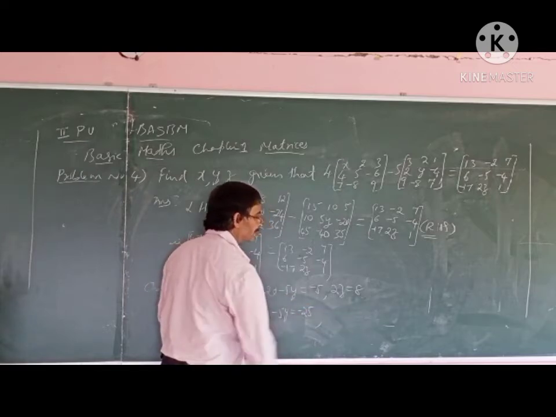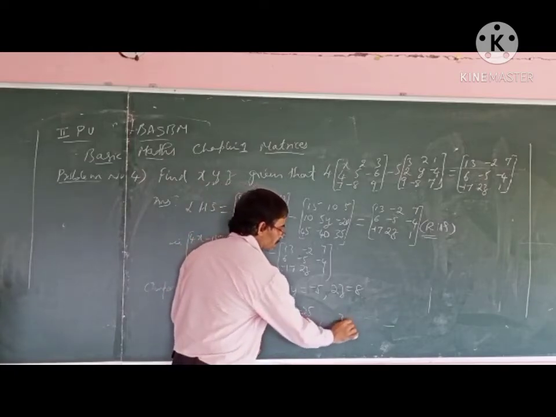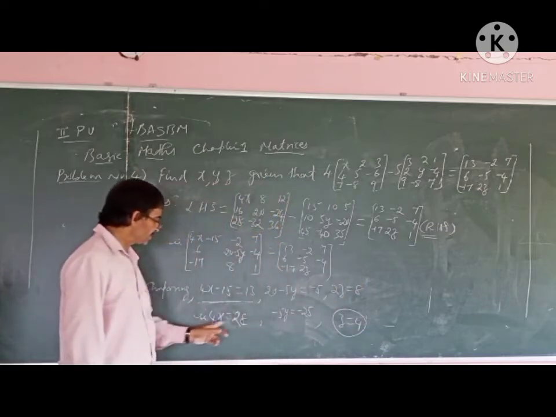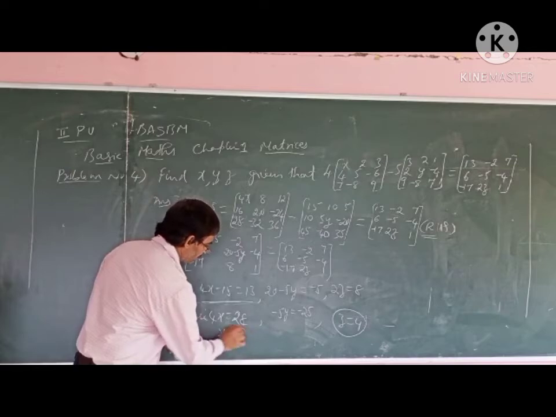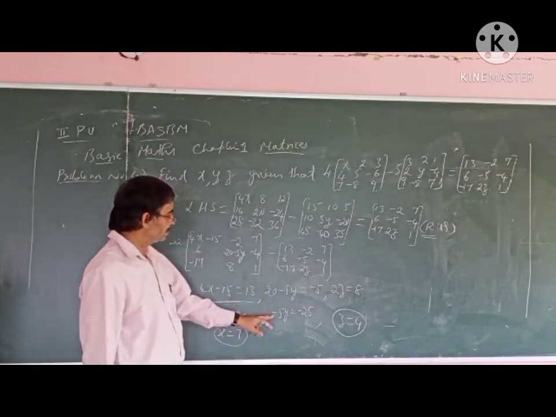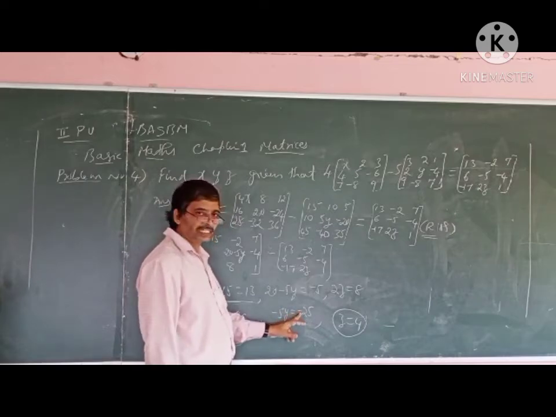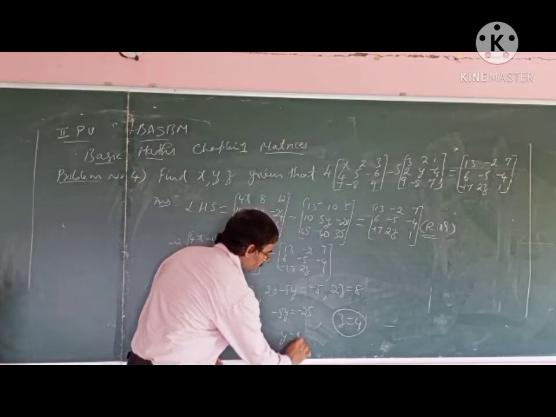Last one, 2z equal to 8, so z equal to 4. You can directly write it. This is also simple: 4x equal to 28, x is equal to 7. Last one, minus 5y equal to minus 25. Minus minus will cancel. We will get 5y equal to 25, y equal to 5.